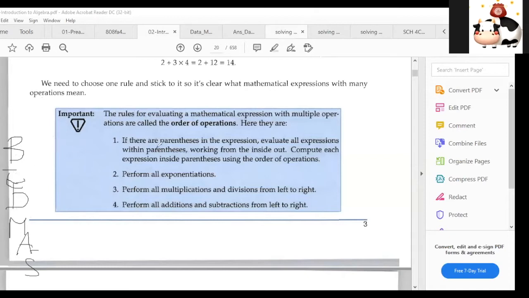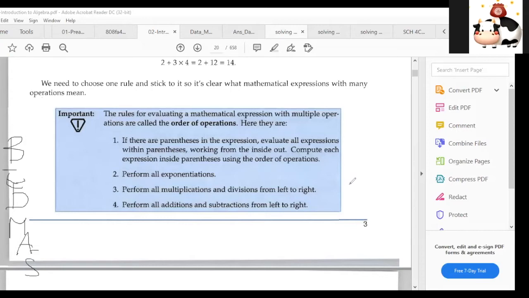And then somebody else. Ruby, do you know what the E stands for? If you don't, that's okay. Michael? Alan? Exponent. Excellent. Yes, the E is for exponents. And what about the D and the M? Somebody different.